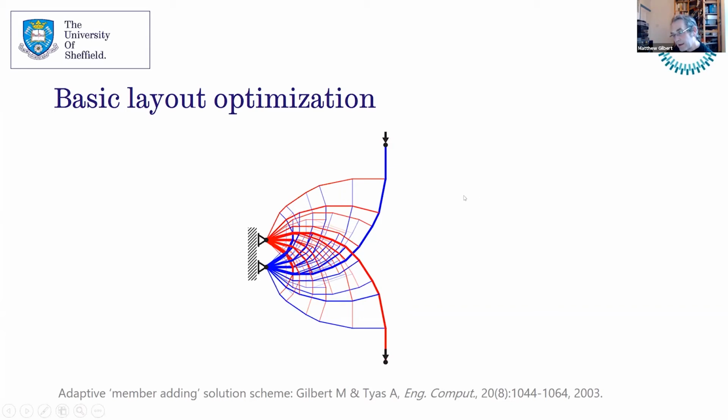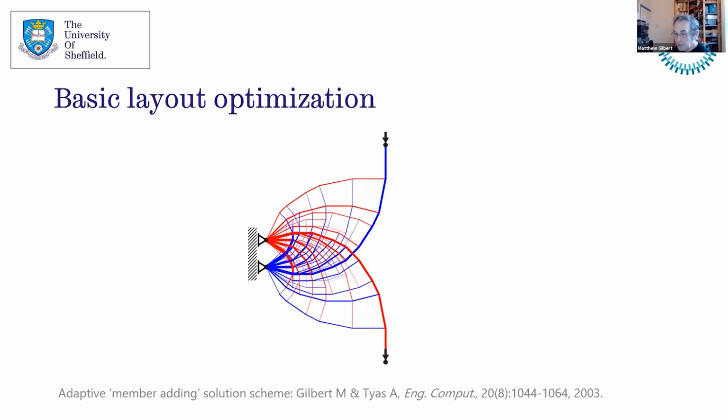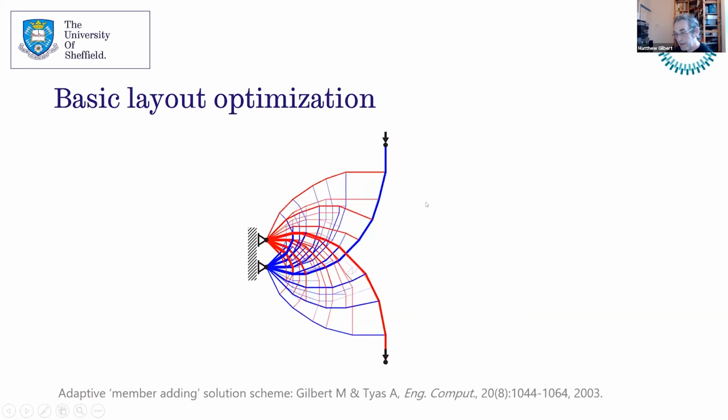Whereas they suggested that you connect each node to every other node from the outset, here we are initially only connecting adjacent nodes, and then we are using an adaptive member adding scheme to only add additional members to our ground structure where needed, and we end up guaranteed to converge to the same solution as we would have done using a fully connected ground structure, but with far less computational effort and with far lower memory requirements.